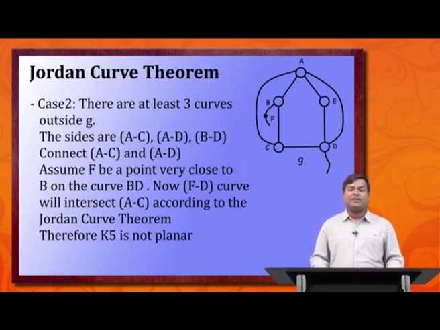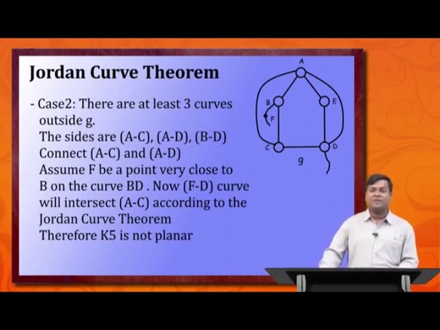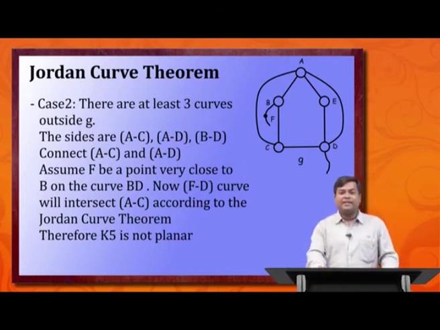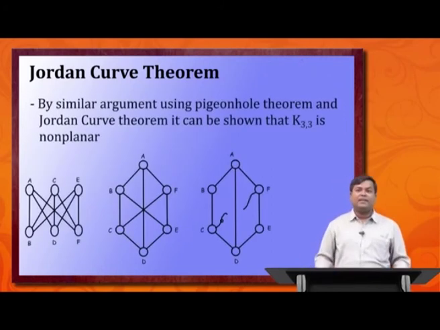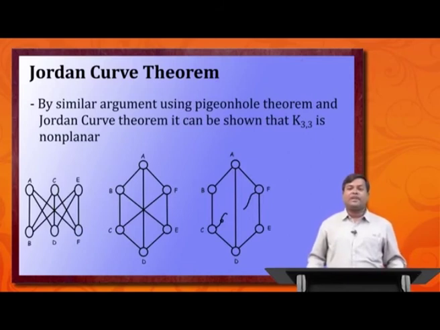So using the Jordan curve theorem, its corollary and the pigeonhole principle, we have concluded that K5 is not a planar graph. By similar argument, using the same theorems, we can always show that K33 also is a non-planar graph. So it is the same thing. K33 is basically a bipartite graph.